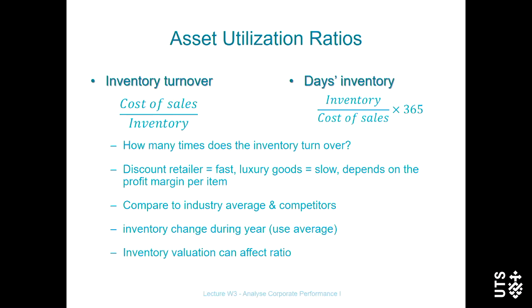If your inventory turnover is 2, that means you're holding your inventory on average 181 or 182 days, okay? Because you're selling it twice a year, that means that on average it takes you 180-something days to sell it. Which one you use largely depends on what you understand better, right?